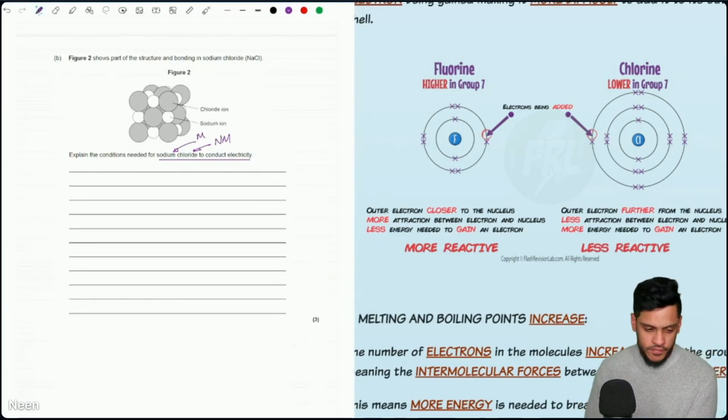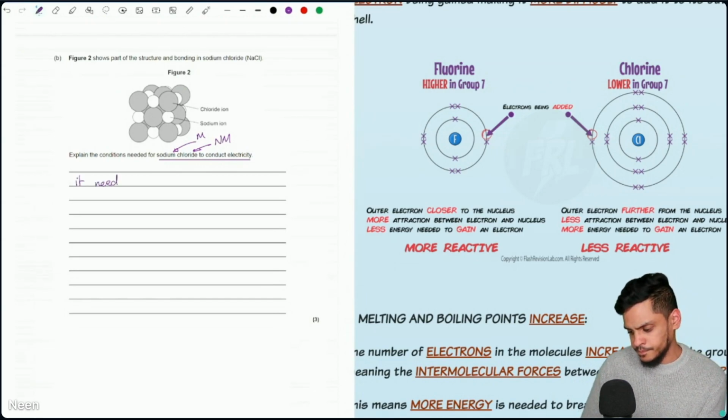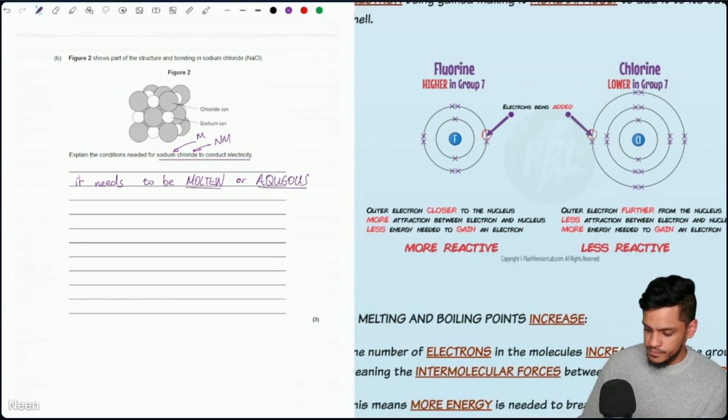So for 3 marks here, you would say it needs to be molten or aqueous. That's 1 mark each, actually.